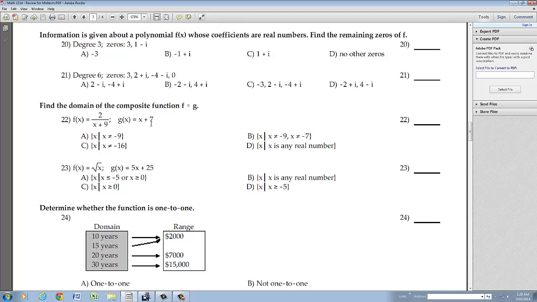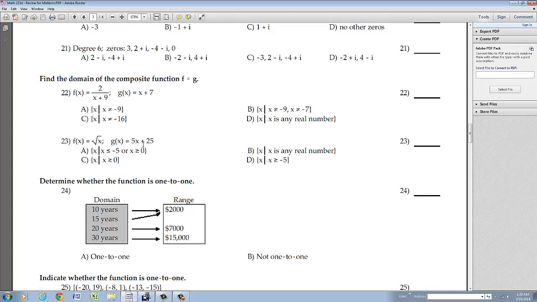So that would tell me that x plus 7 cannot equal -9. But if x plus 7 cannot equal -9, bring the 7 over, that tells me that x cannot be -16. So for 22, the answer is -16.